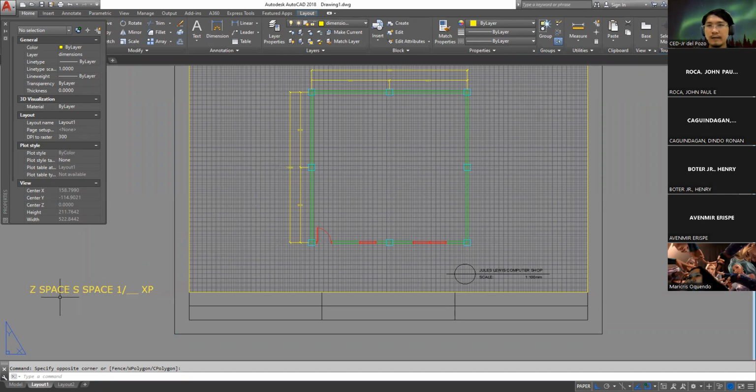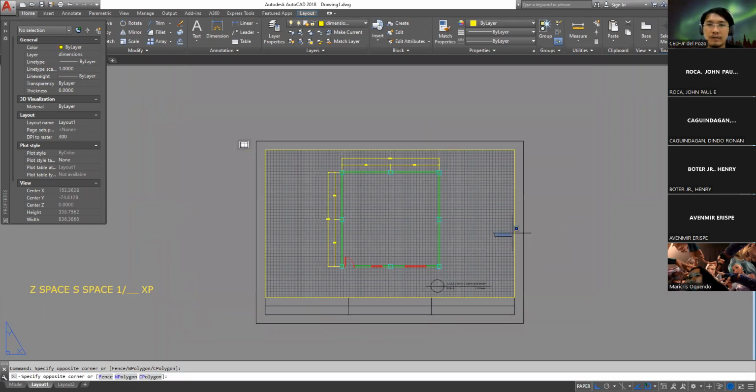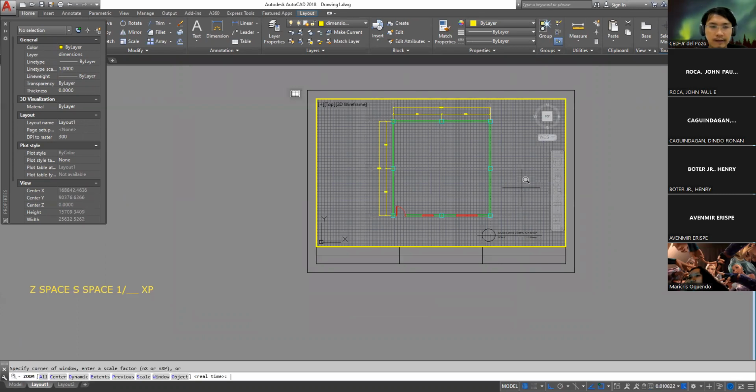Yung Z, ang command na yan is zoom. Kaya hindi ko tinuro sa inyo yung zoom, kasi meron tayong trackball. Pero, may purpose ang zoom. So, pag dinouble click ko tong MB ko, so Z space, enter the scale factor 1 over, let's say 100 XP.